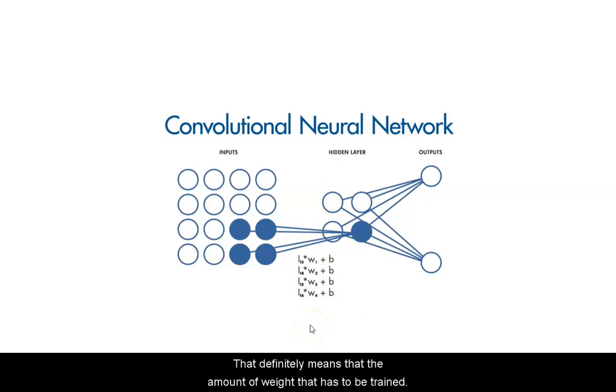That definitely means that the number of weights that have to be trained in a CNN is smaller compared to the number of weights that have to be trained in a traditional neural network.